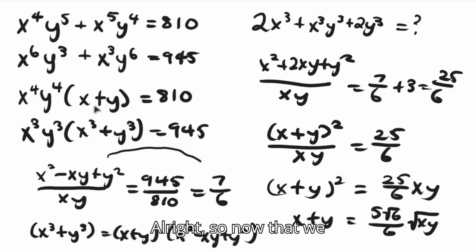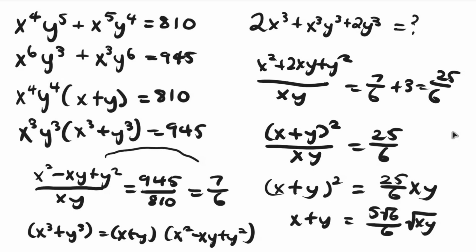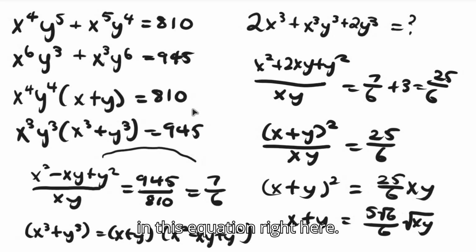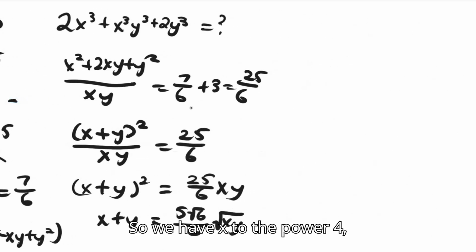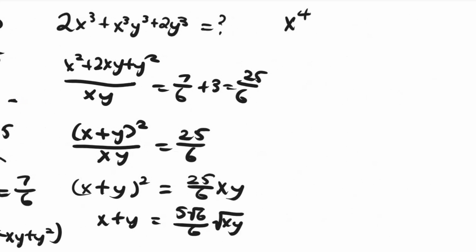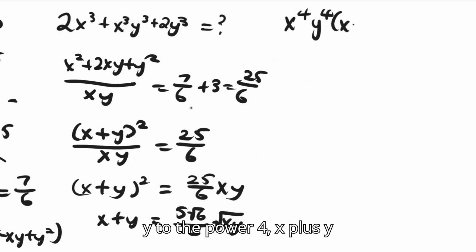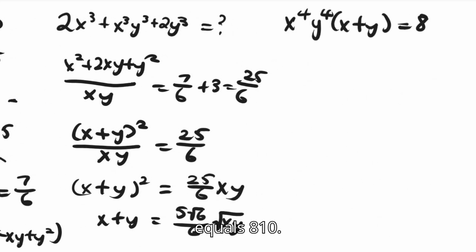Alright, so now that we have x plus y, we can substitute this in this equation right here. So we have x to the power 4, y to the power 4, x plus y equals 810.